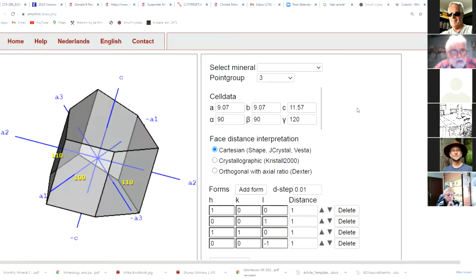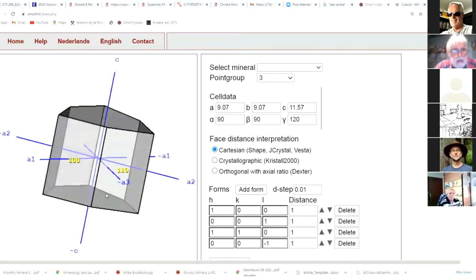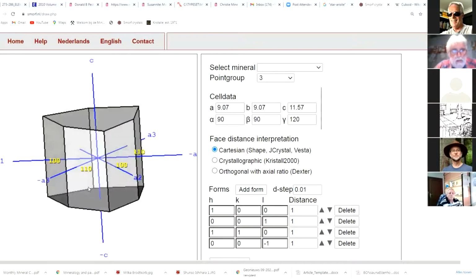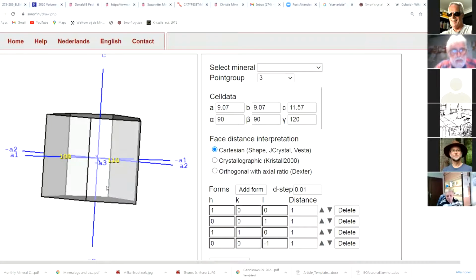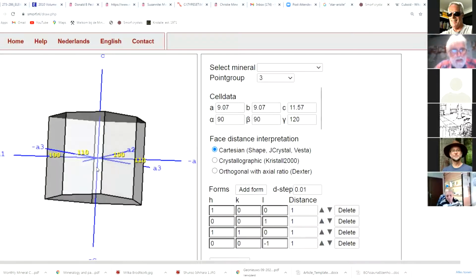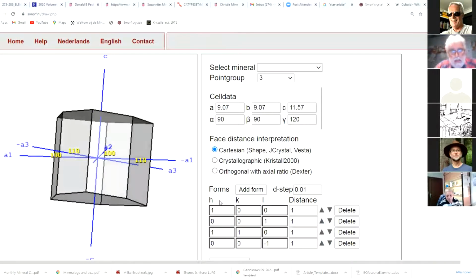There are other crystal drawing programs. Another one that I use on a fairly regular basis is Crystal Shaper. The strength of Crystal Shaper is that you can actually modify the shape of every single crystal face, whereas here the only thing that you can modify is the shape of the form.